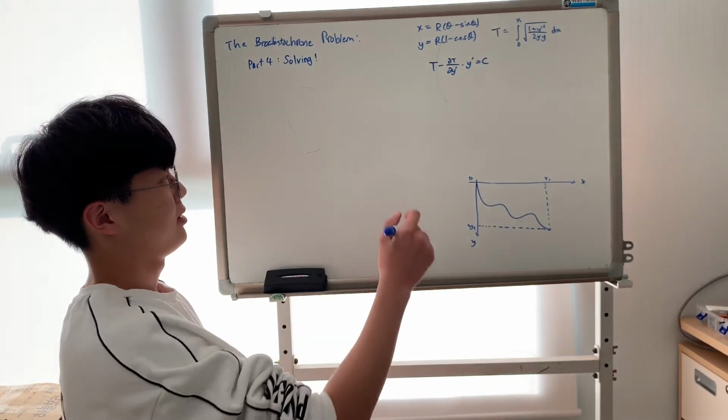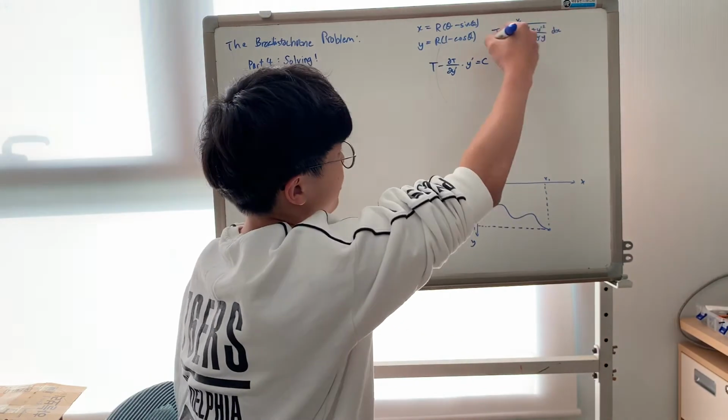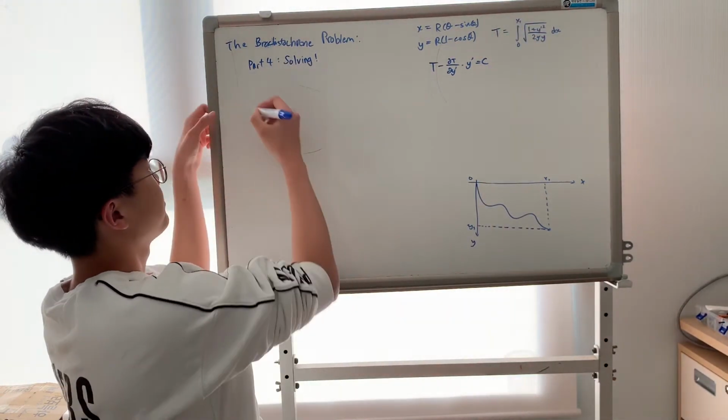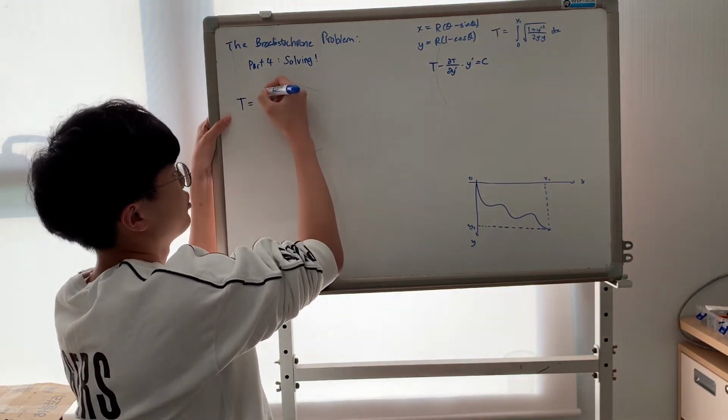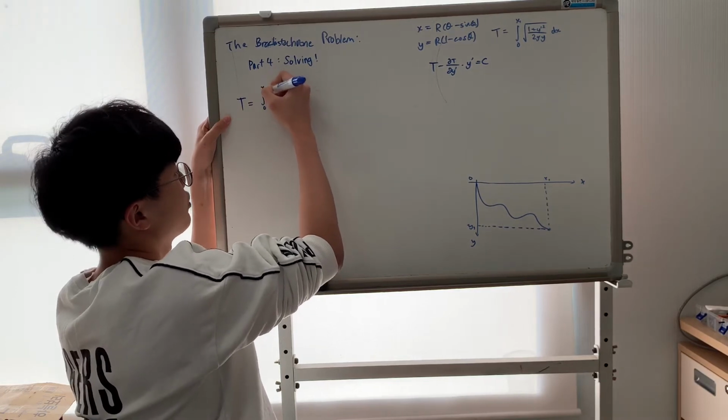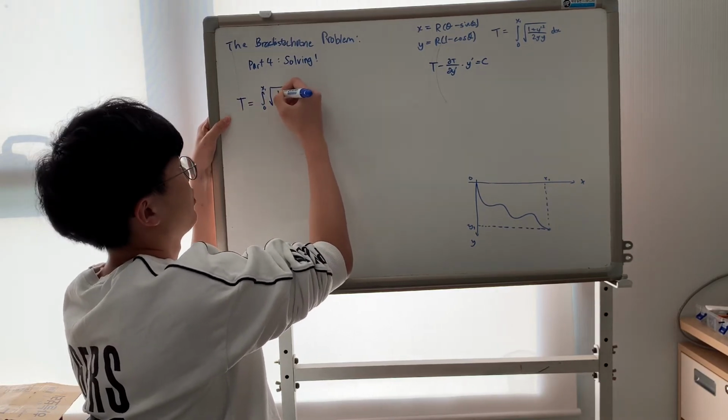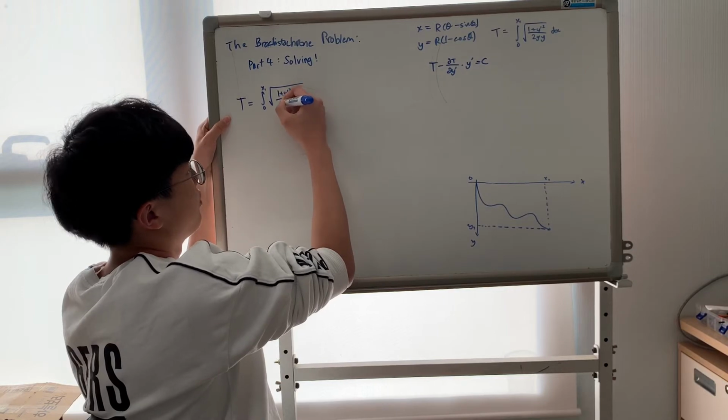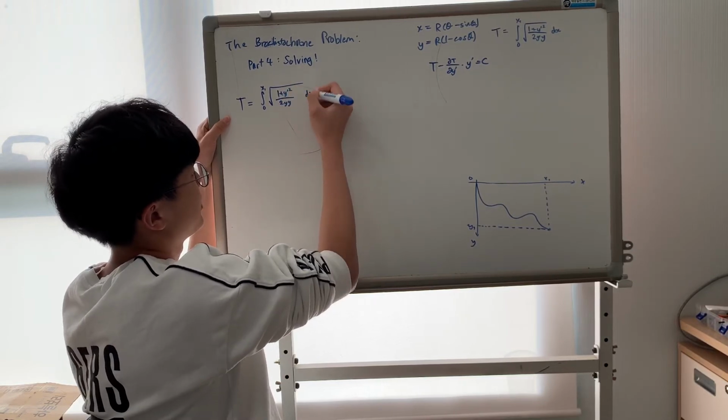First of all, let's look at the time function over here. So we have T is equal to the integral from 0 to x of the square root of 1 plus y prime squared over 2gy times dx.